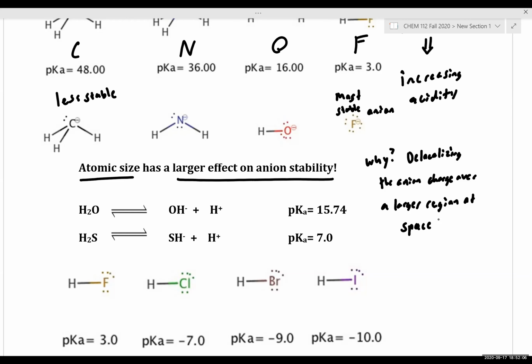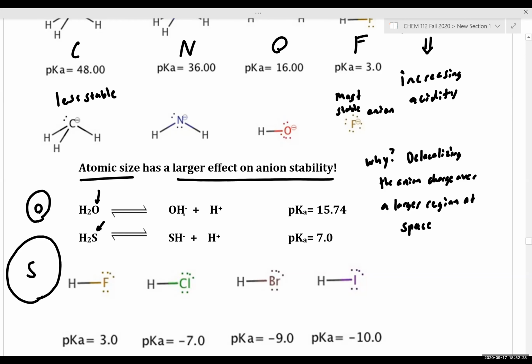So, for example, if we compare oxygen to sulfur, oxygen is smaller than sulfur, and because sulfur is larger, it's more readily able to stabilize your negative charge and stabilize the resulting conjugate base anion.